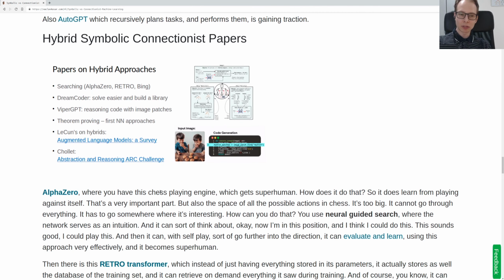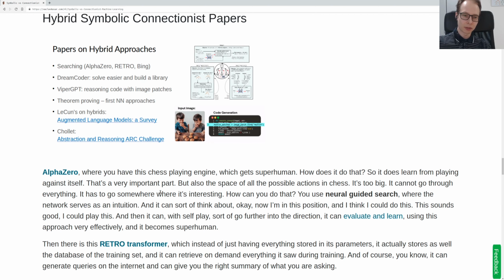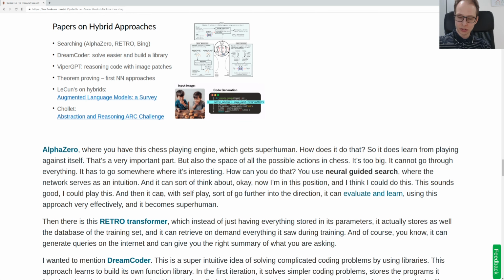There's AutoGPT, which recursively plans tasks and performs the tasks, which is gaining huge traction. And there are other approaches. There's AlphaZero, which plays chess by searching for the best possibilities for the next move, and this is called neural guided search.